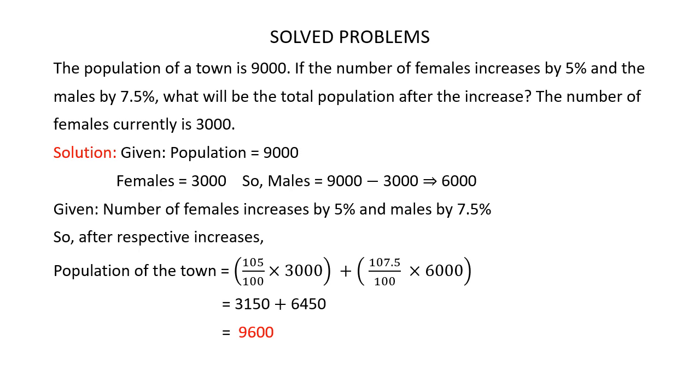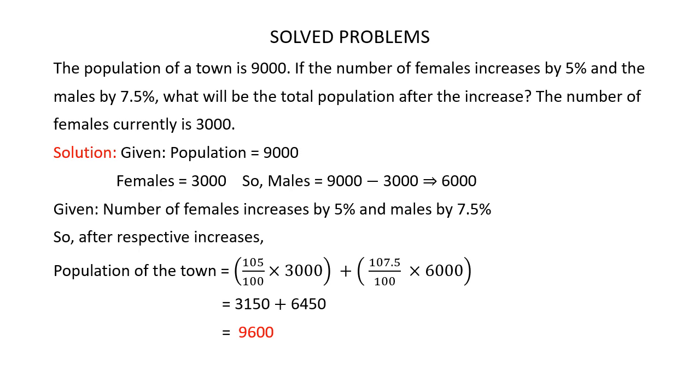It's given that the number of females increases by 5% and number of males increases by 7.5%. So we know that the number of females is 3,000 and the number of females increases by 5%. So now after the increase, the number of females will be 105 divided by 100 multiplied by 3000.